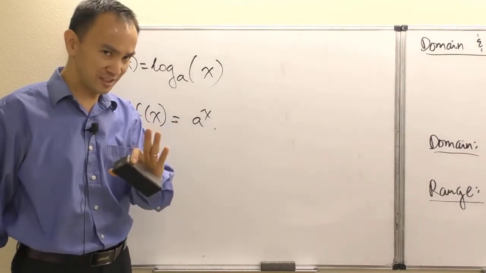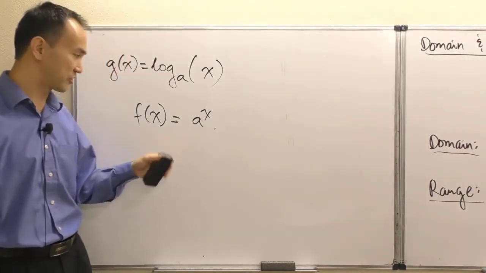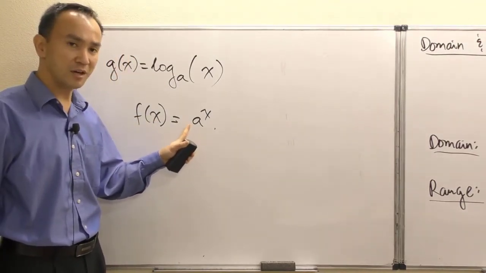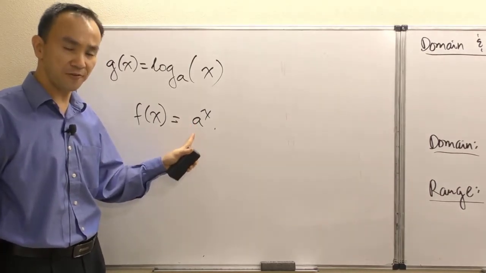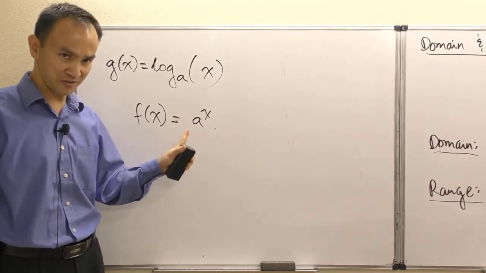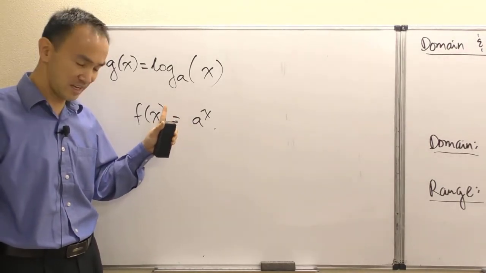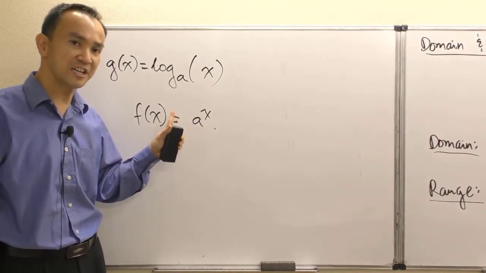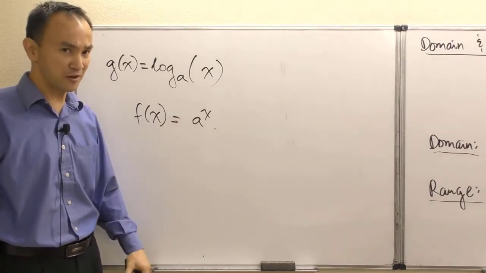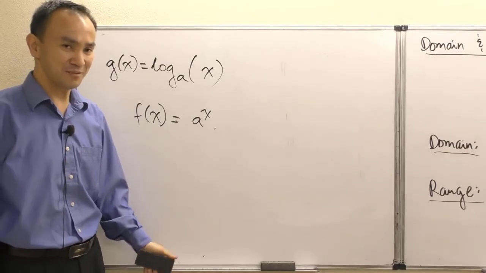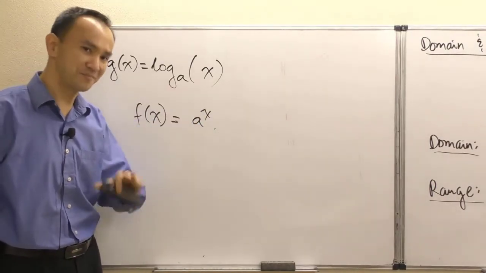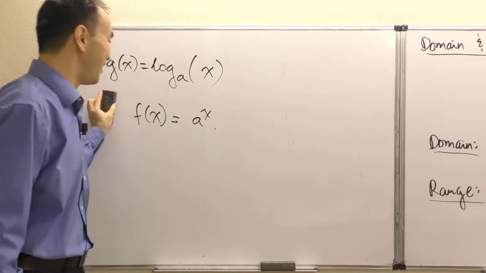Because if we look back at the exponential functions, there were a lot more than just a to the x. There was an entire family of functions that I defined as exponential functions. So what about those cases? If we take the inverse of those, will we end up with a logarithm? That's what we want to find out right there. All right.